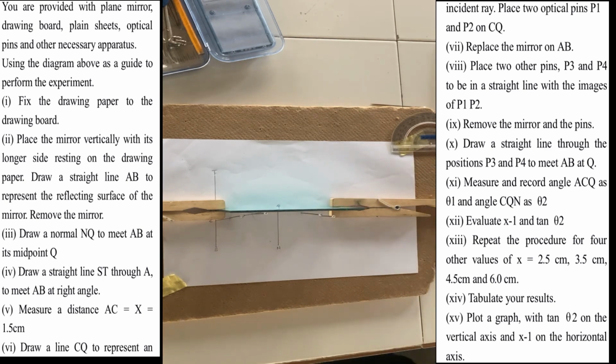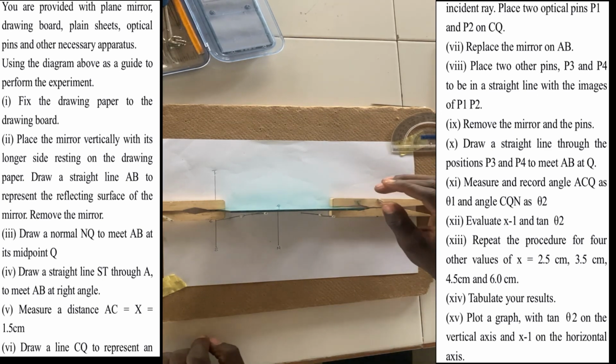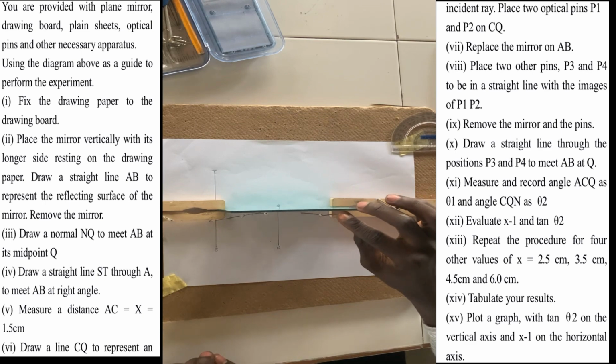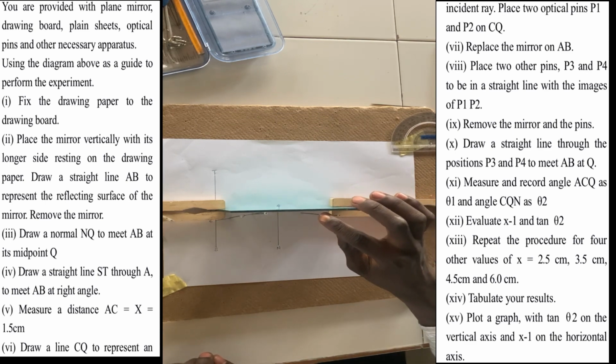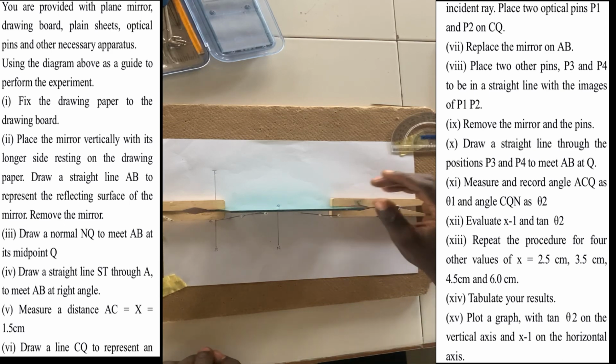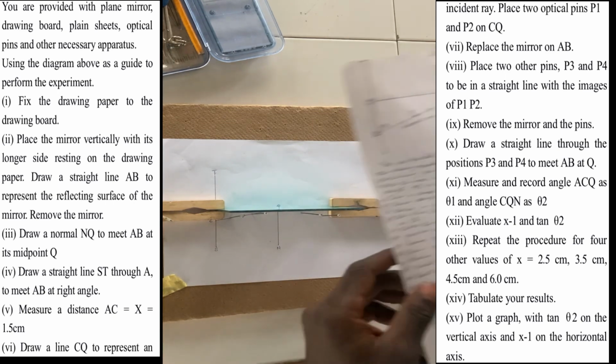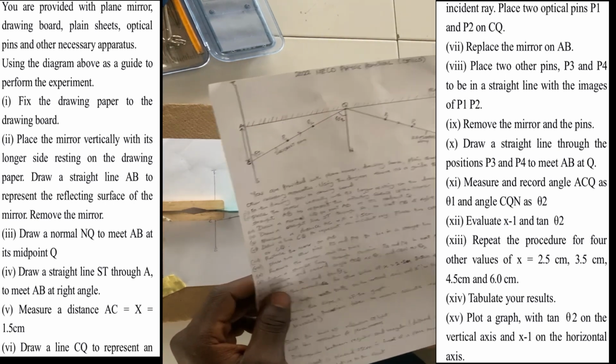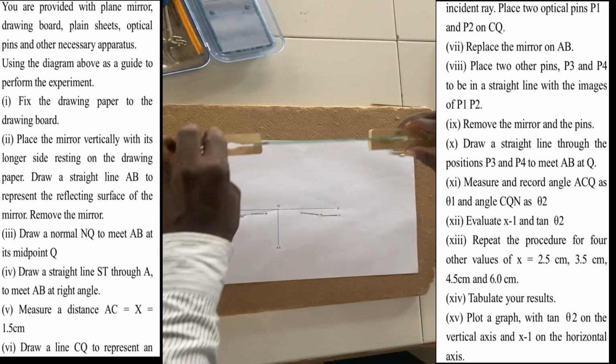So that's that. Now let's remove the mirror and draw the straight line. The next thing is to remove the mirror and draw the straight line. Now we remove the mirror.